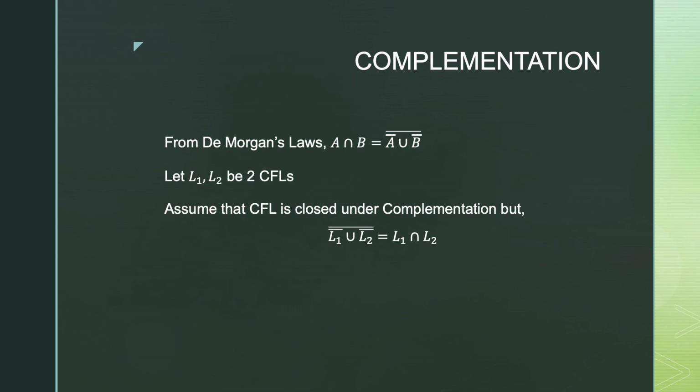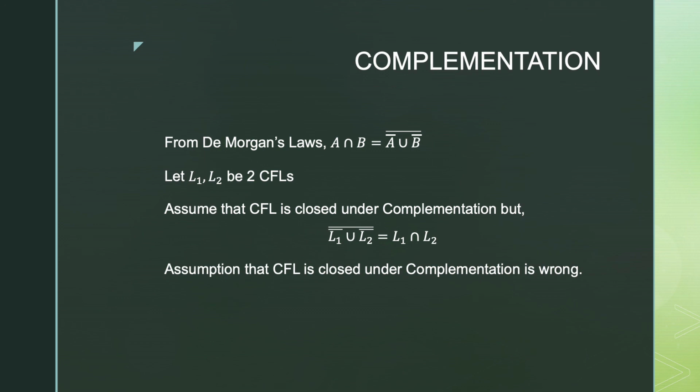So we have reached a contradiction where complementation on context-free languages is also leading to, or might lead to, a non-context-free language. So our assumption that CFL is closed under complementation is wrong. Therefore, CFL is not closed under complementation.